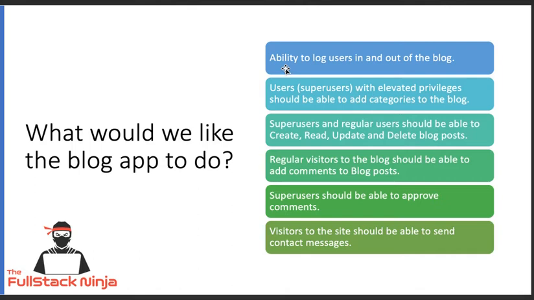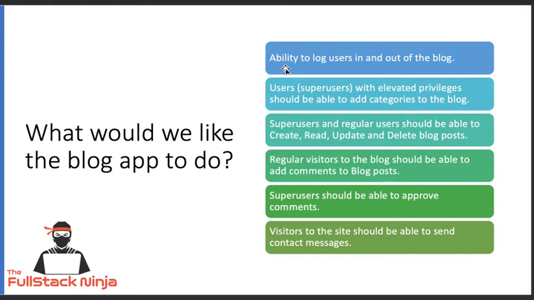We want a case where someone with super user privilege can decide, okay, I want to add a category on cars, I want to add a category on technology, I want to add a category on fashion. We want super users and regular users to be able to create, read, update, and delete blog posts.